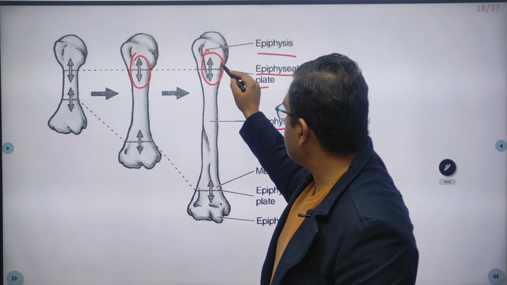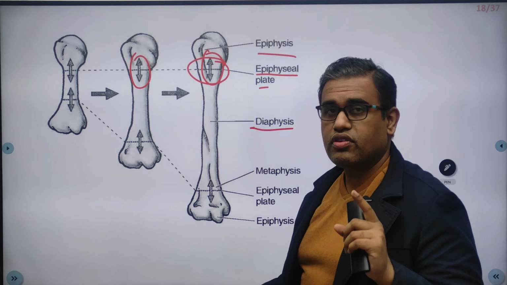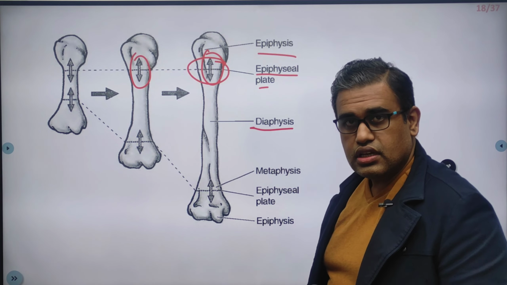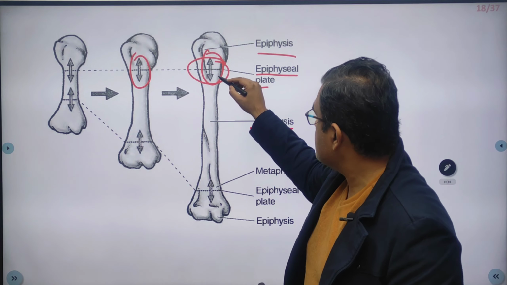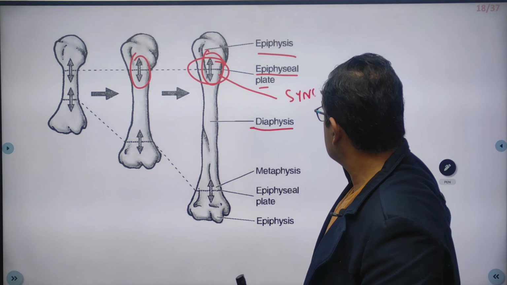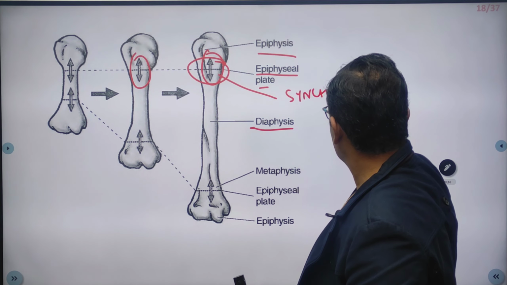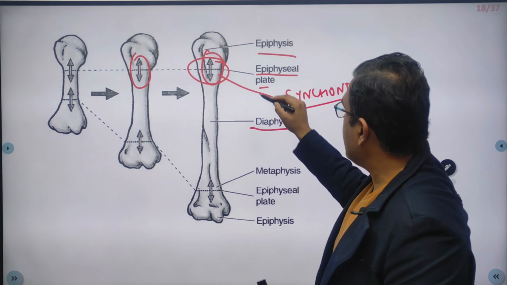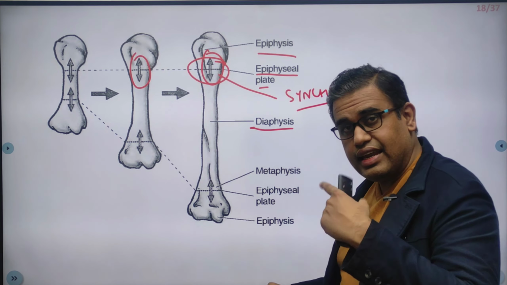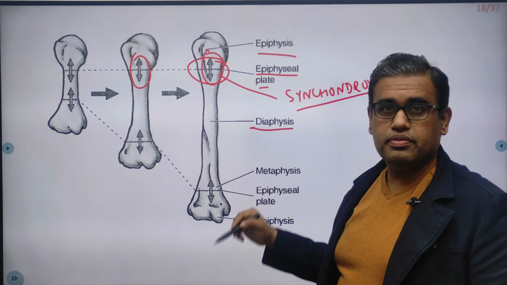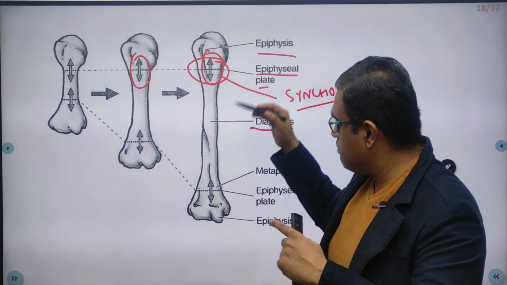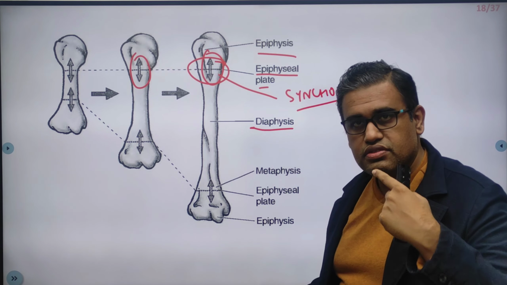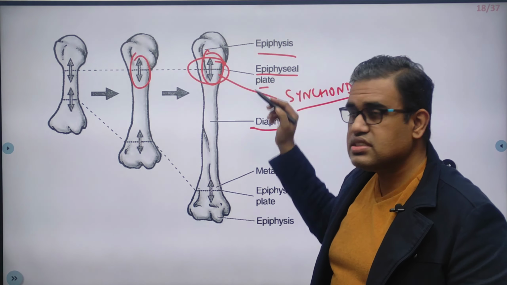Now this plate is made up of cartilage. Therefore, this sort of joint is known as synchondrosis. Now why do we call it synchondrosis? Understand, because this cartilage later on fuses and forms a complete bone. So after the bone achieves adult age, you don't see a cartilage.